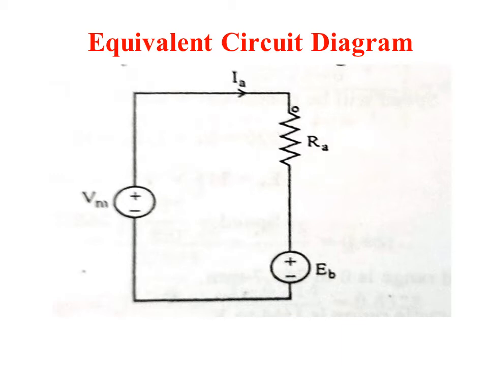We also have an inductance, but here we are neglecting the inductance because of very small leakage flux. Whenever armature resistance RA is there and back EMF EB is there, some amount of current IA flows through the armature. So this is the basic equivalent circuit diagram of our separately excited DC motor connected to a chopper.